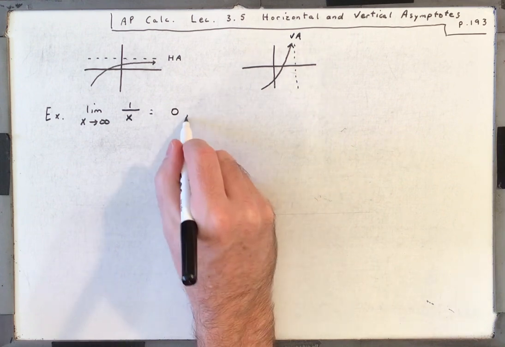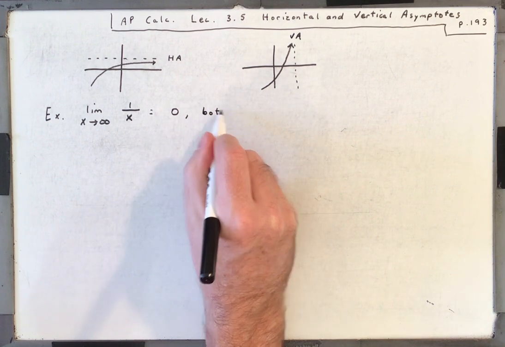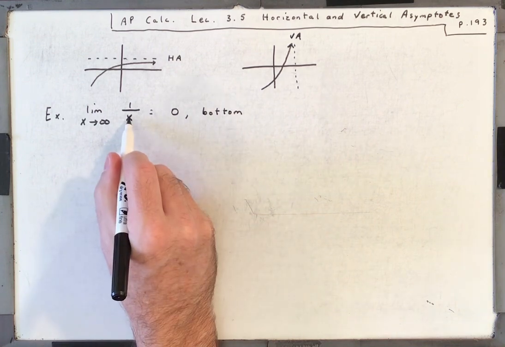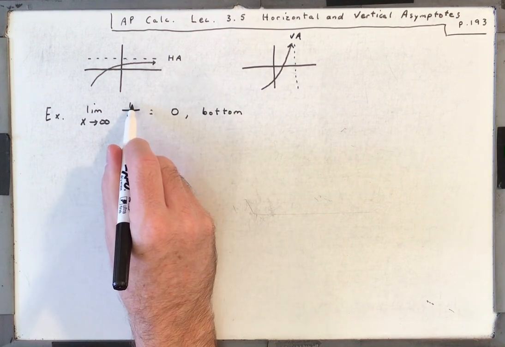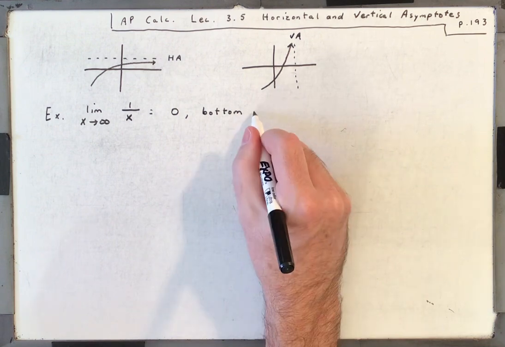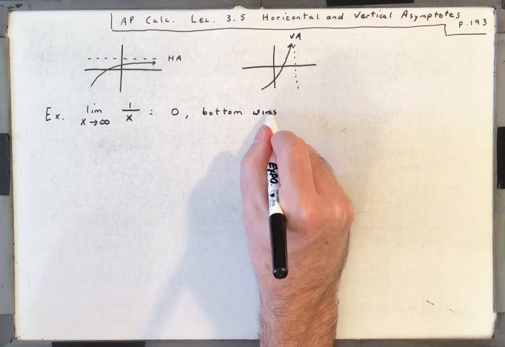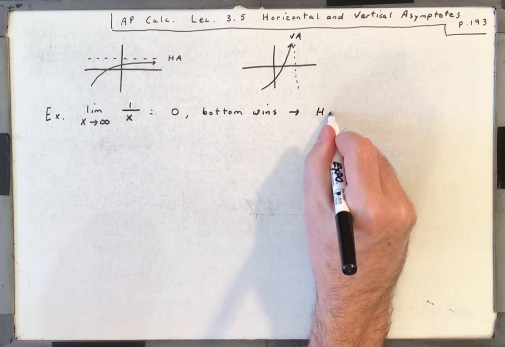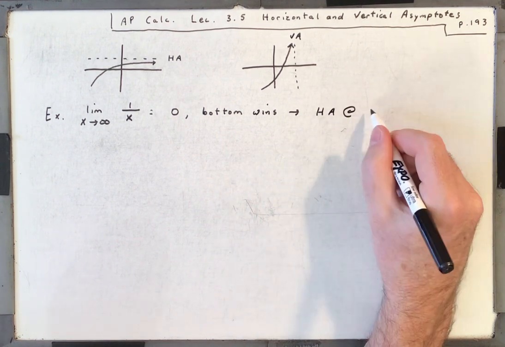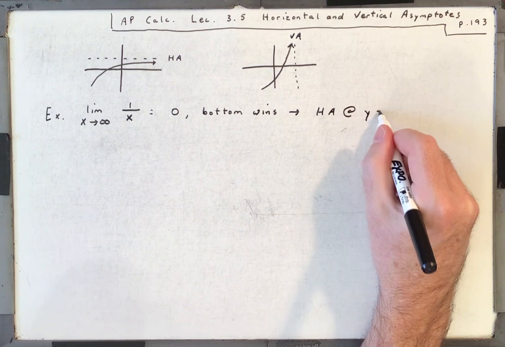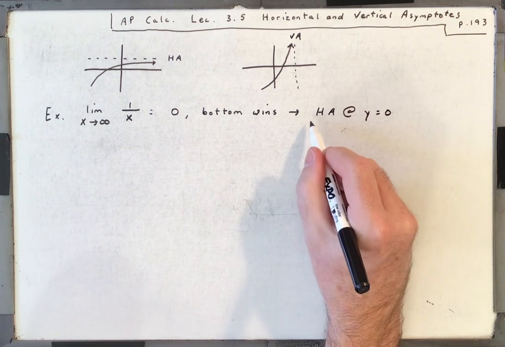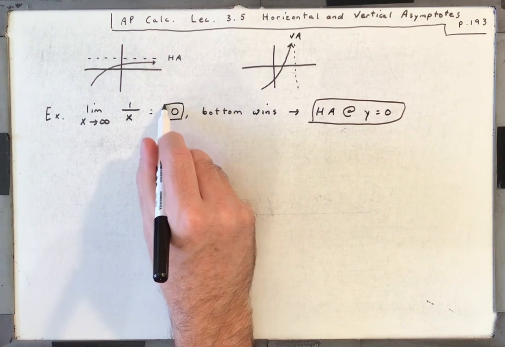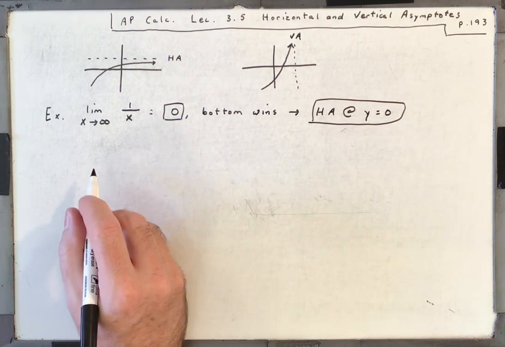Another way to look at it is the bottom wins, the way we looked at it in pre-cal, because you have an x on bottom, no x on top. The highest power is on bottom. So we have a horizontal asymptote at y equals 0. The limit is 0, and there's a horizontal asymptote there.